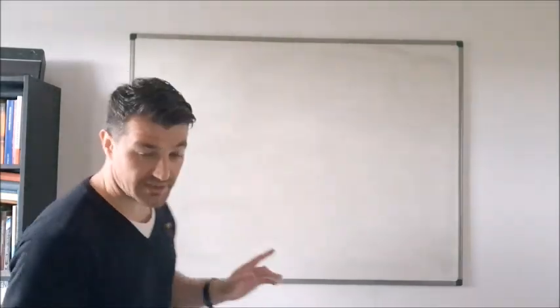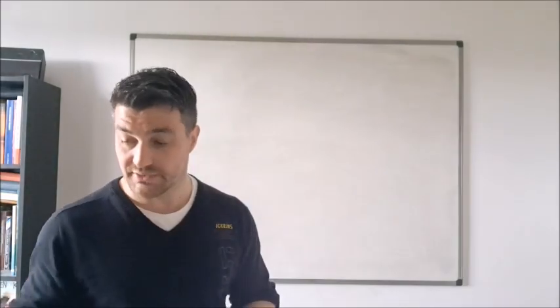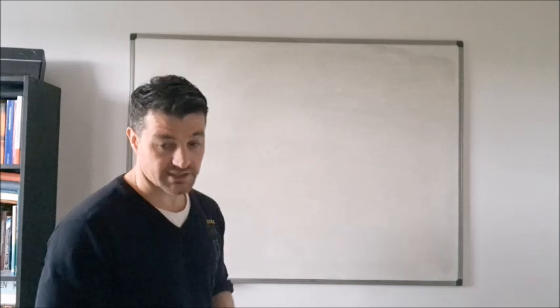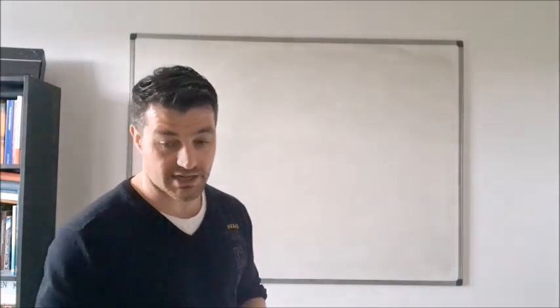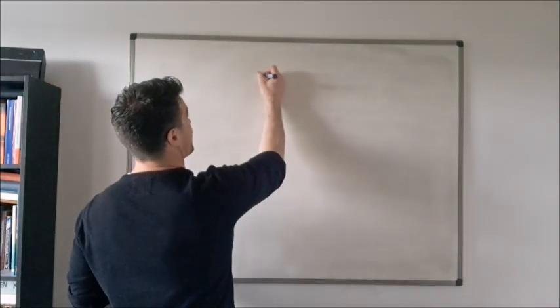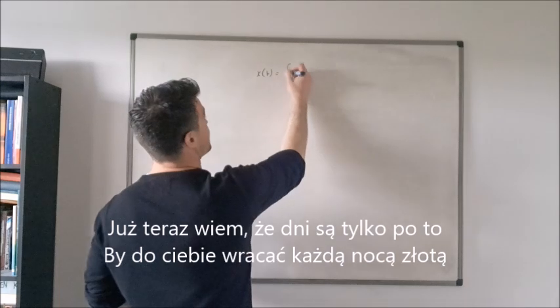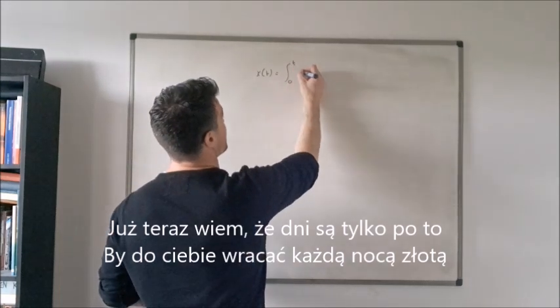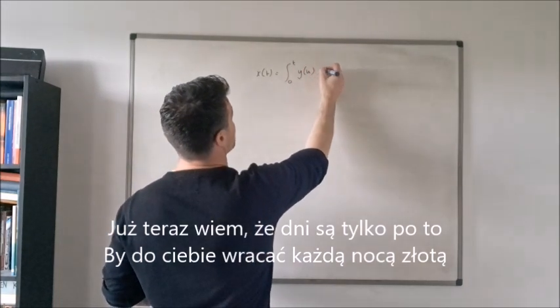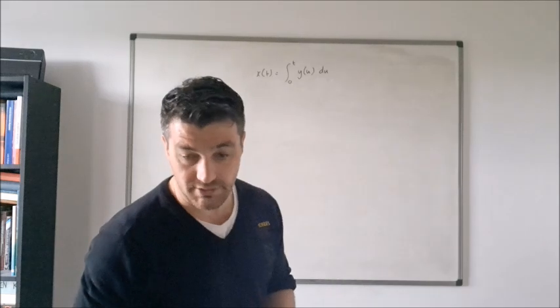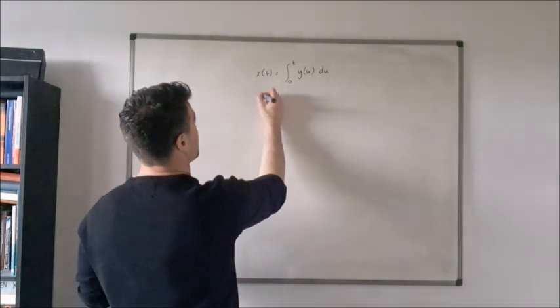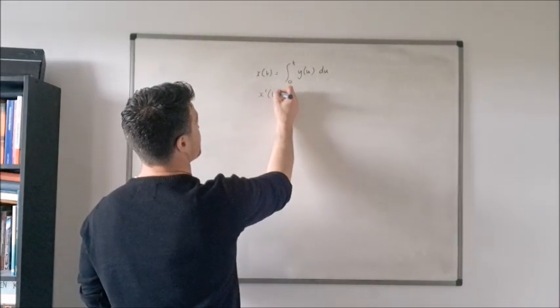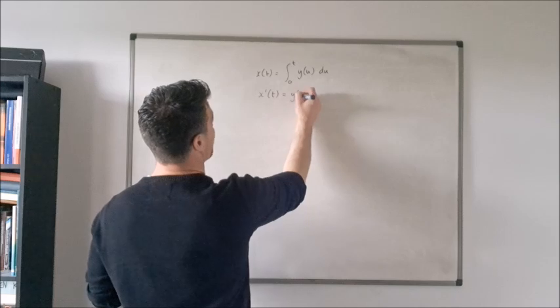So let's get on with things anyway. It's question number 8 from STEP 2, 1990. The functions x and y are related as such: x of t is equal to the integral from 0 to t of y of u du, so that x primed of t is equal to y of t.